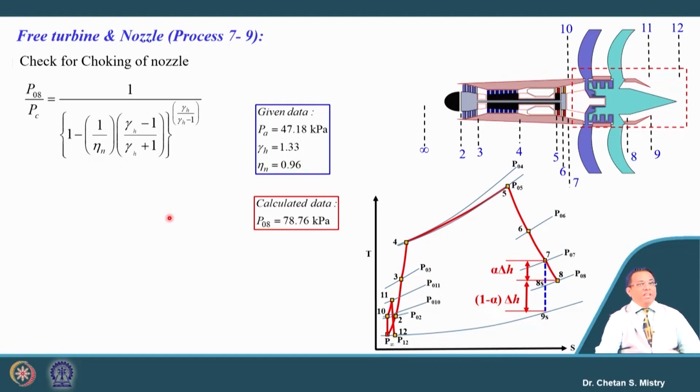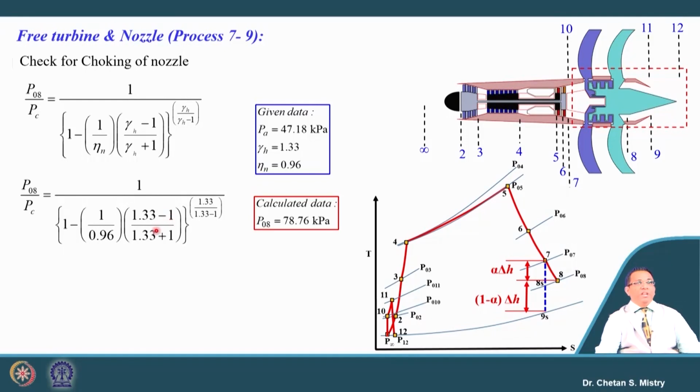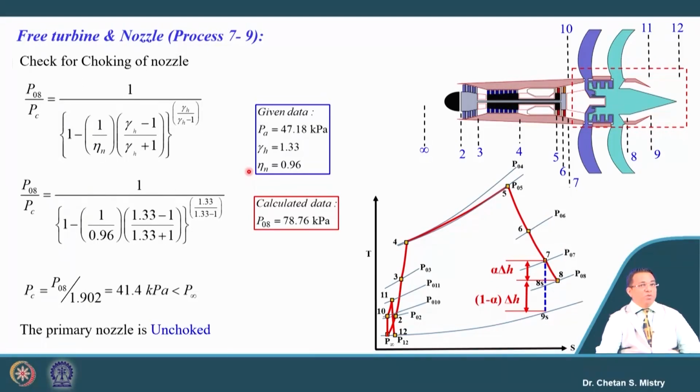We have the nozzle efficiency, that is 96%, and the gamma value is 1.33. If we calculate that, the pressure is coming to be 41.4 kilopascal, and that pressure is lower than our atmospheric pressure, which is 47.18. So, you can understand this nozzle is unchoked.